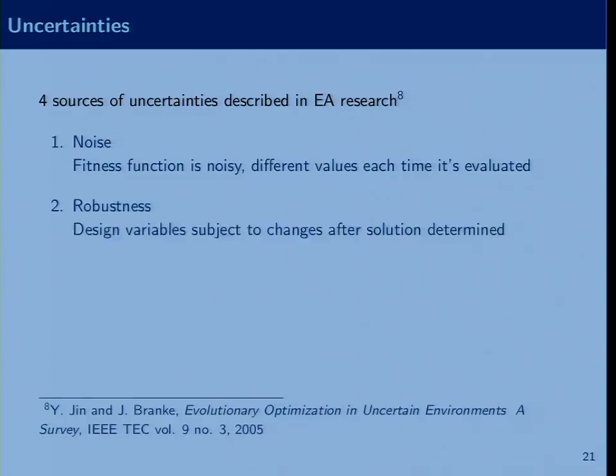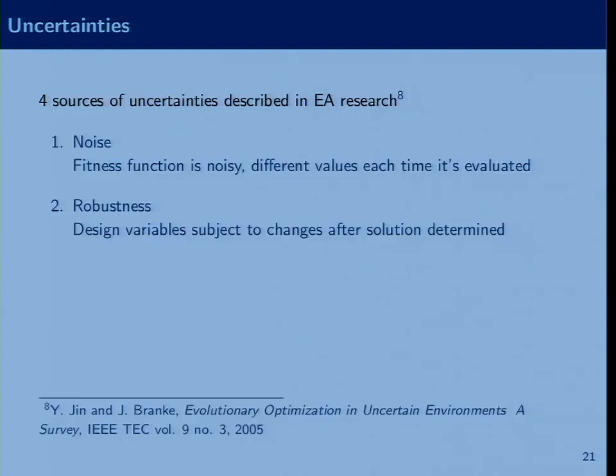The second source of uncertainty is robustness, which means that, having your optimization process finished, the design variables will define a certain optimal value, but if you change the design values only slightly, then the fitness function may vary by huge amounts.